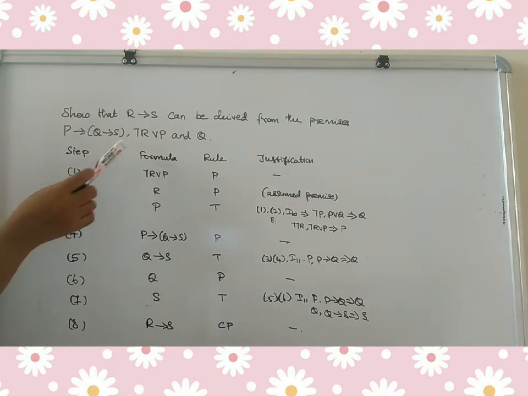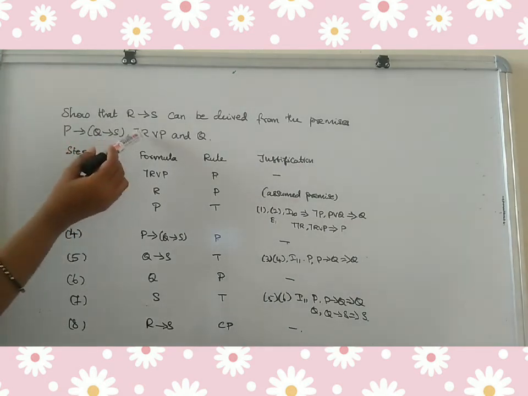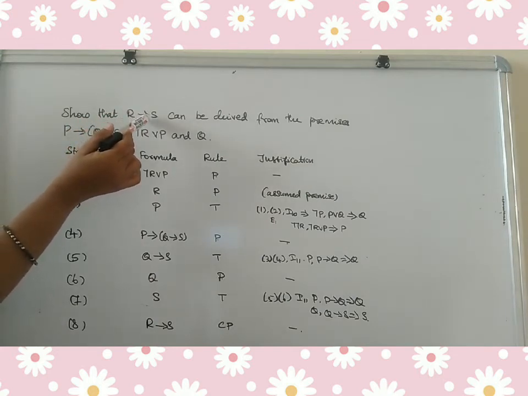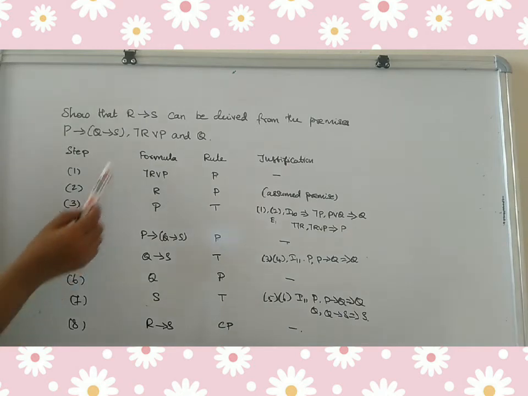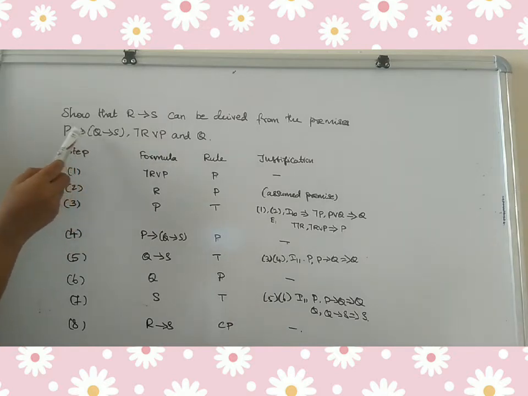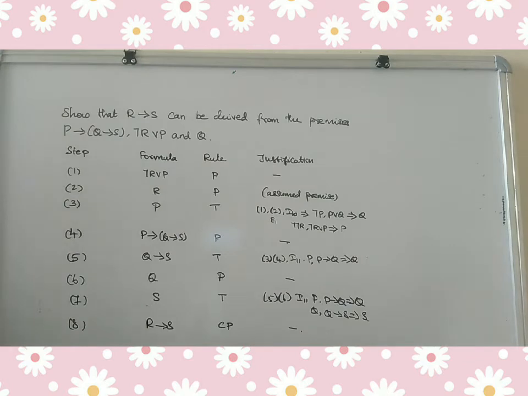In step 1, I have taken the premise related to R, because I have to prove R conditional S. So that's why at first I have taken this one. It's not mandatory to choose this premise first; we can even take another formula first.